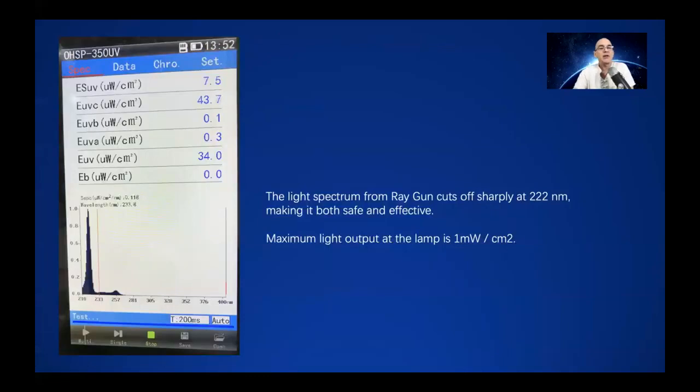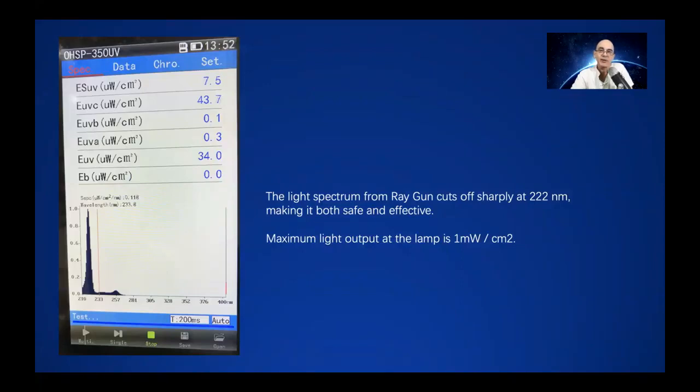Now this is the light spectrum of our device. Where there's the big spike here, that's 222 nanometers. Because the unit is quite powerful, the measurement had to be measured at about 2 inches away from the lamp.